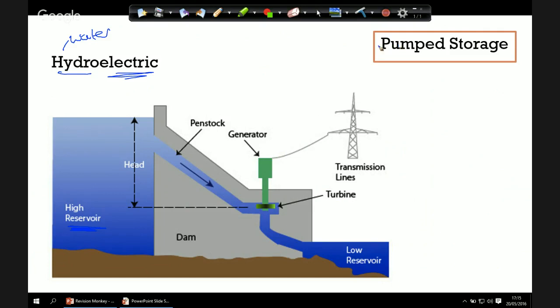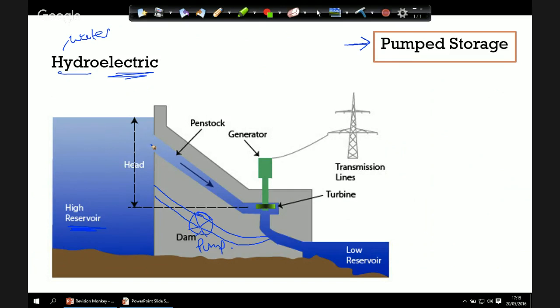Now, linked into this, people tend to miss this out of their revision quite a lot, is the idea of pumped storage. And what that is, in some of these hydroelectric power stations, you will have a channel which is going back up to the top reservoir with a pump in the middle to pump the water up. And this means that the water can be stored up in this high reservoir.